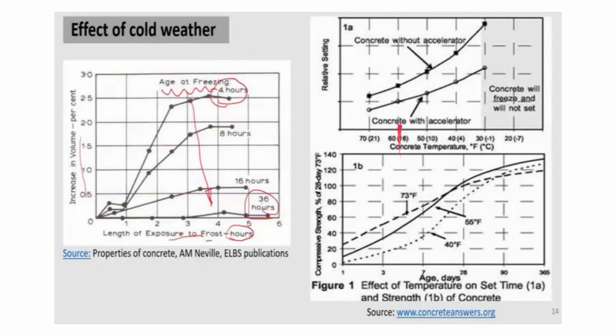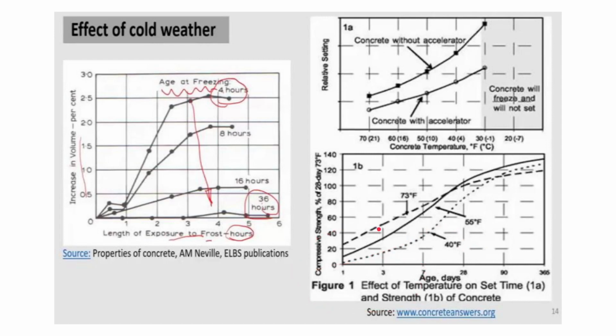And here you can see the relative setting. Even with the use of an accelerator, the setting time is still very high as compared to 21 degrees centigrade; at -1 it is more than double. So it has a very detrimental effect.